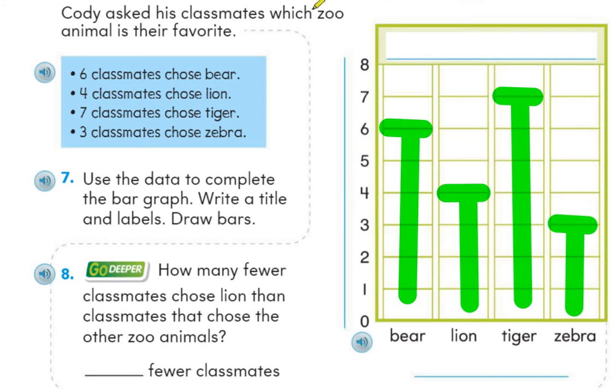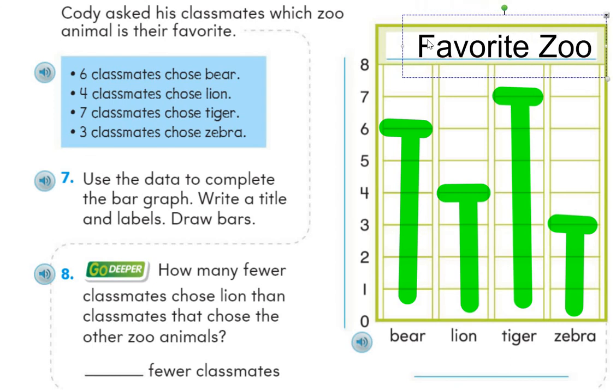So what kind of a title would you give this bar graph? He asked his classmates which zoo animal is their favorite. So this would be called favorite zoo animals. And I don't have enough room to write animals.